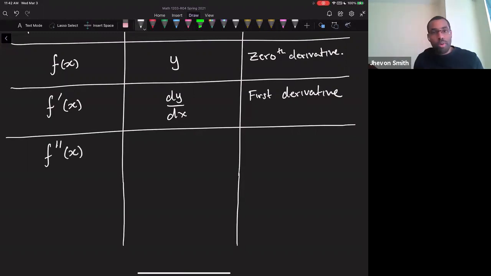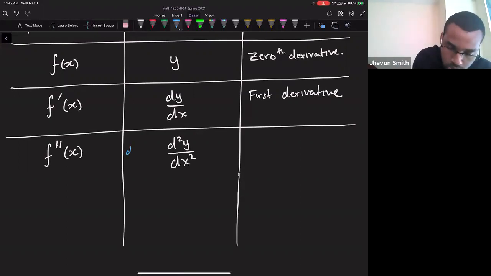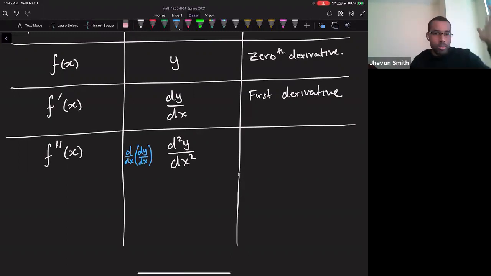So I put 2 primes for the second derivative. For this one, we put d squared y dx squared. The reason is that we took the derivative of the derivative, so the dx portion gets squared and the d on top gets squared. This is called the second derivative.